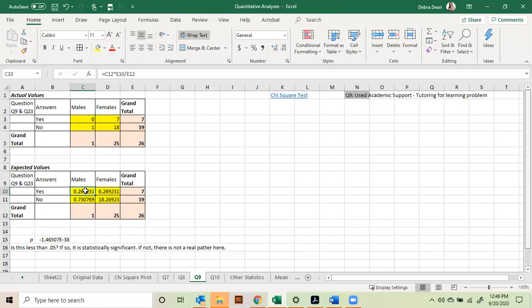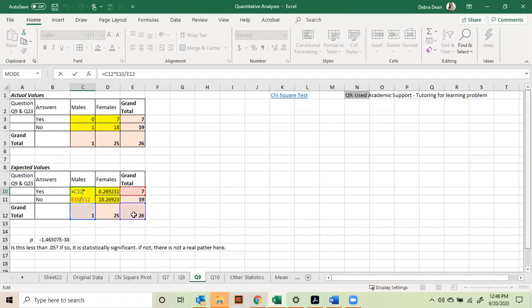Now this is a formula here, and what it's doing is, for the males specifically, it's looking at the grand total of males times the grand total of the answer that we're looking for, in this case, yes, divided by the grand total of male and female.